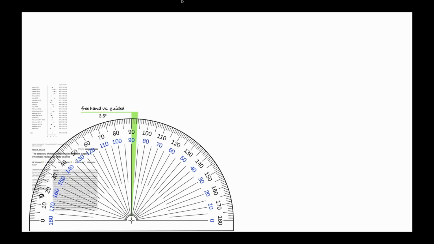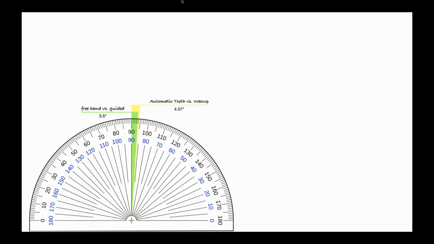If you look at some of the large meta-analyses, if you average the deviation between freehand and guided surgery, again on average, it's somewhere in the neighborhood of about 3.5 to 4 degrees of error. If we look at digital strategies, and this is from our study, if you look at what we call an automatic tooth, so imagine the tooth that you could use directly in the CT to plan prosthetically.